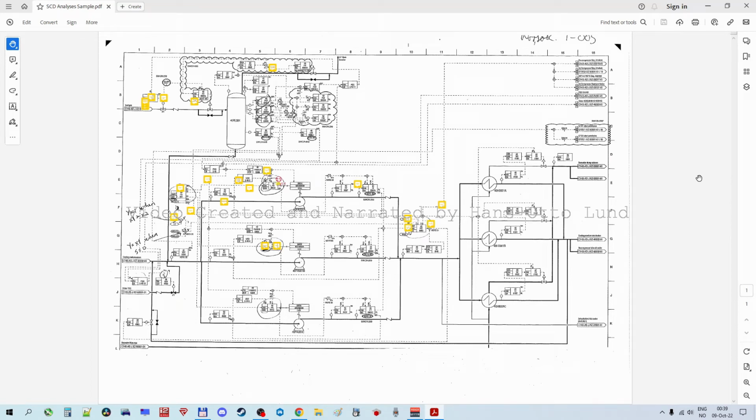Okay, so here is a sample of an SCD drawing. The building blocks in these kind of drawings are based on a document which is called NORSOK I-005, which is a Norwegian standard.